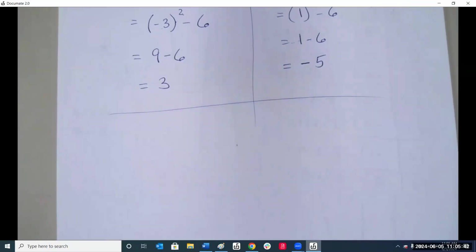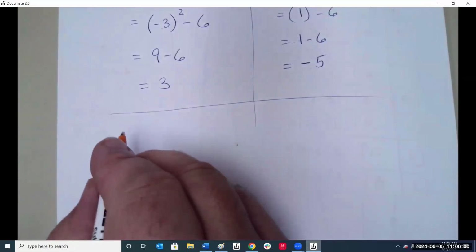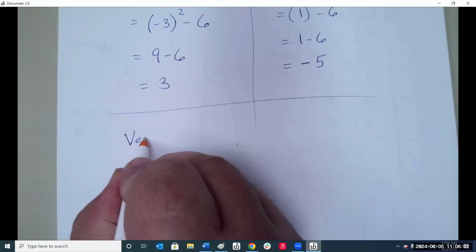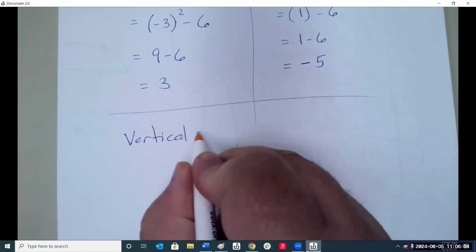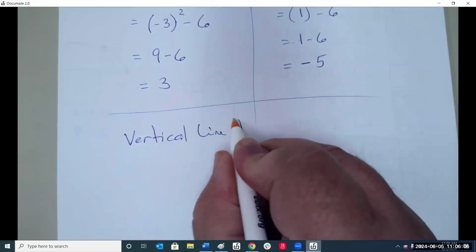Graphically, if I give you a picture, remember, when I give you a set of numbers, you always look at the x values. If all the x values are different, is it a function? Yeah. But if any x values are the same, they better have the same y values. This is what we call the vertical line test.